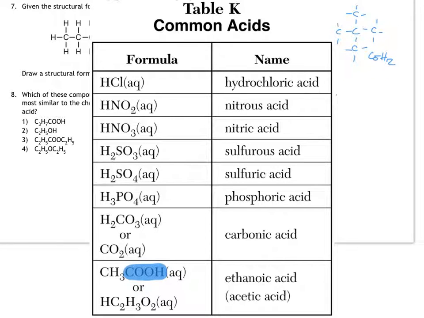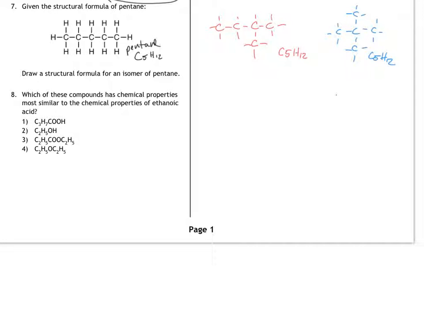So I can get rid of this now, but remember that the COOH is what is going to make us think about organic acids. So, in this question, we're asked to find a molecule that has similar properties to this molecule, ethanoic acid. So it's an organic acid, so we're looking for any molecule that ends in COOH, and that's why we're going to choose number 1.